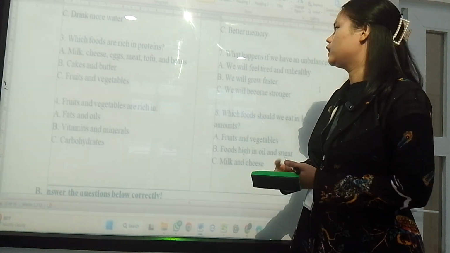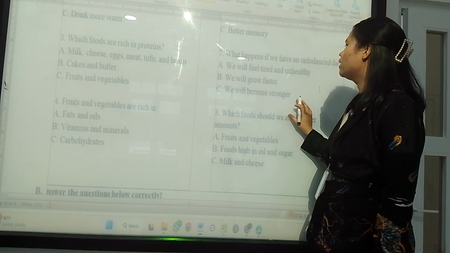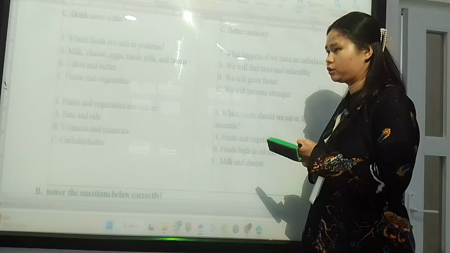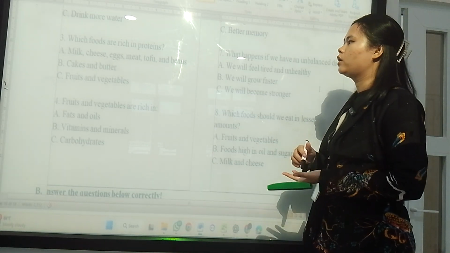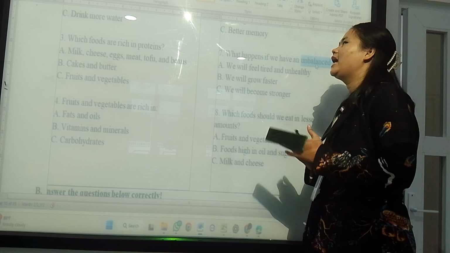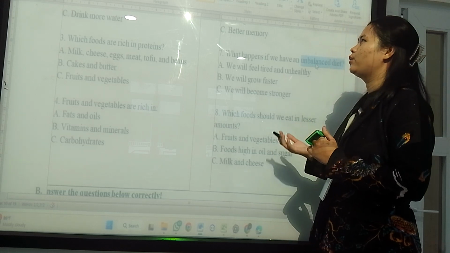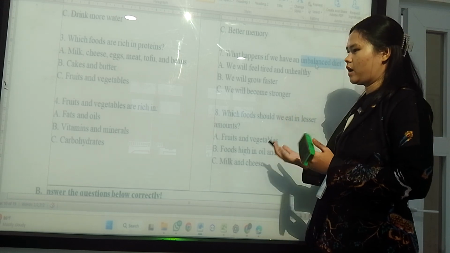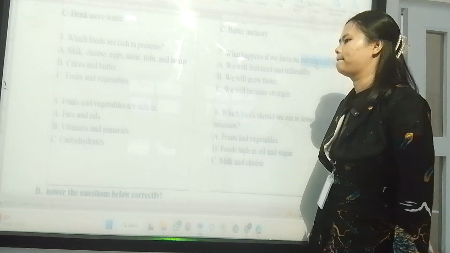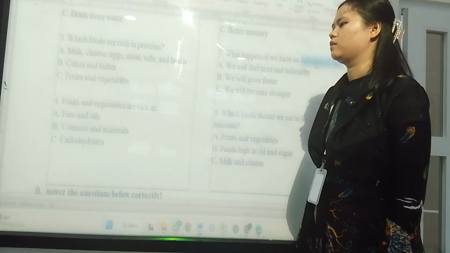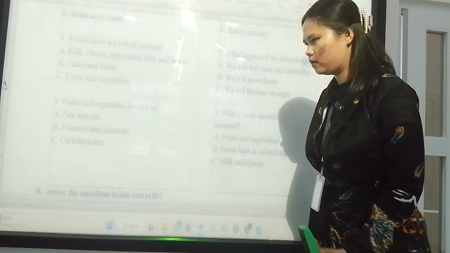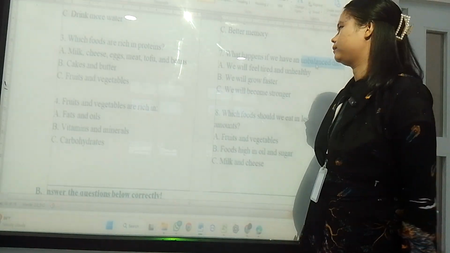But with an unbalanced diet, you eat more than usual, like too much sugary food. Okay, I see. So an unbalanced diet is, for example, if you eat more carbohydrate than protein. Yes, it's not balanced. Okay.